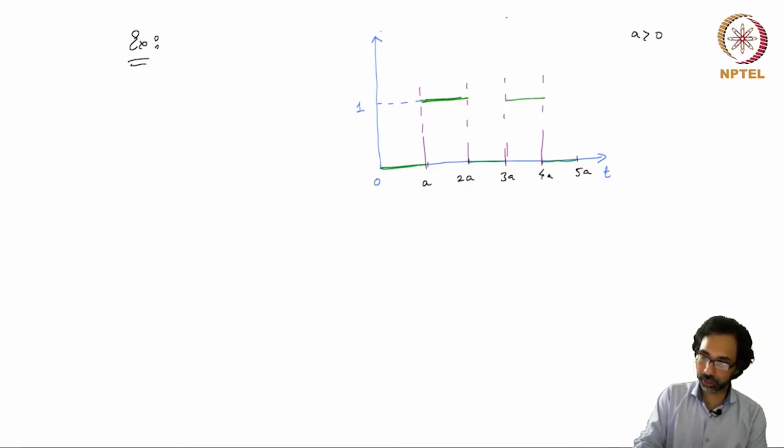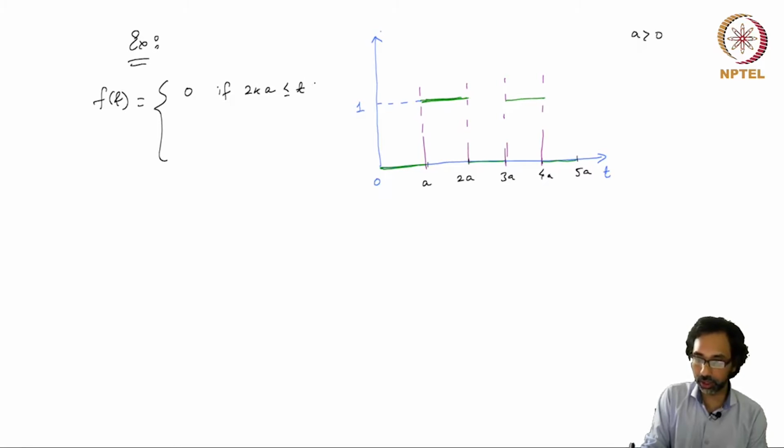So this f(t) can be written as follows. This is 0 if 2ka is less than or equal to t less than or equal to (2k+1)a.